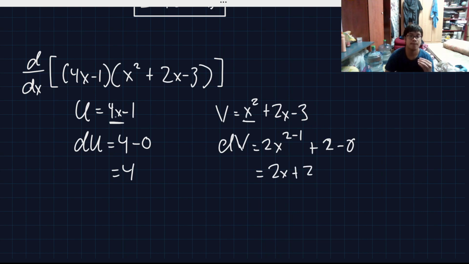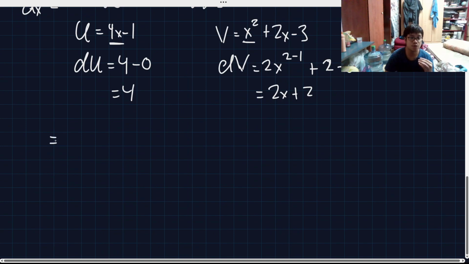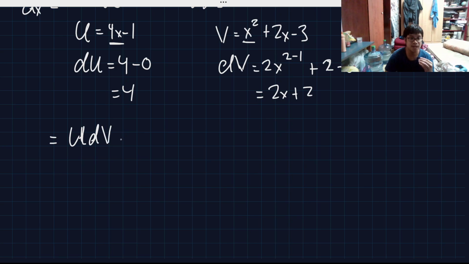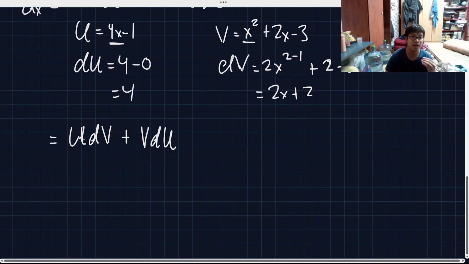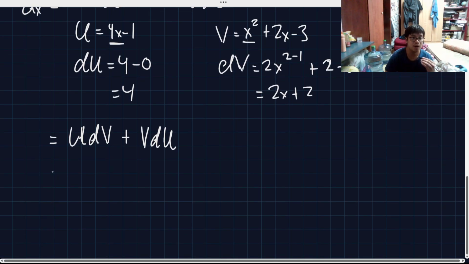That's it. Now you will use this formula, which is u dv plus v du. u dv plus v du. So let's substitute.